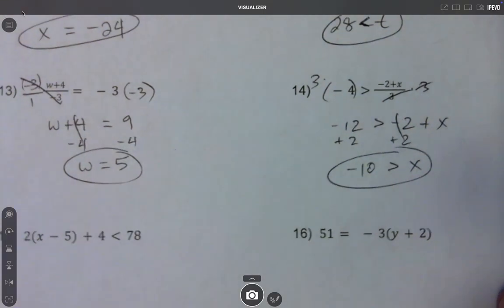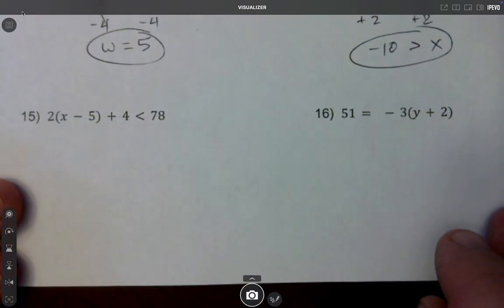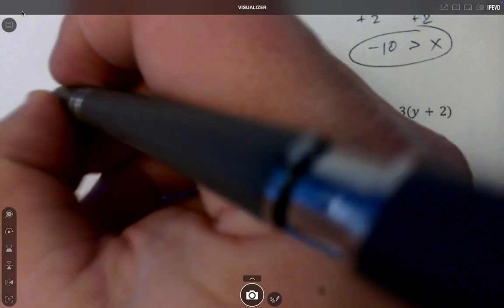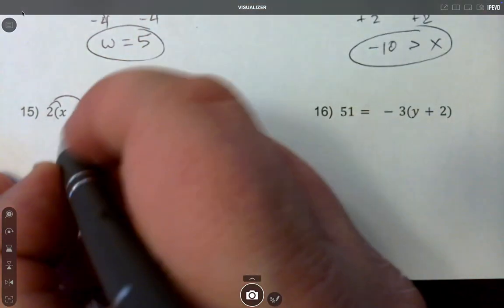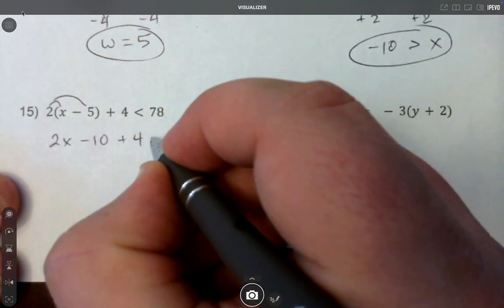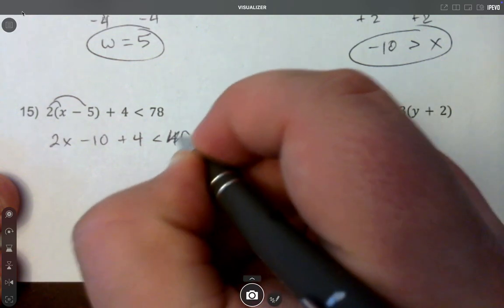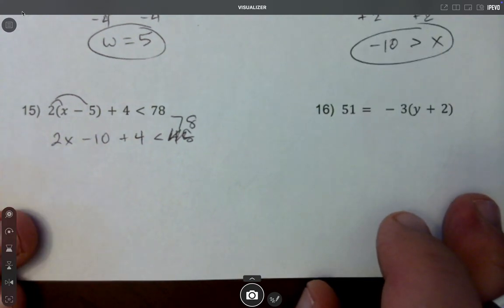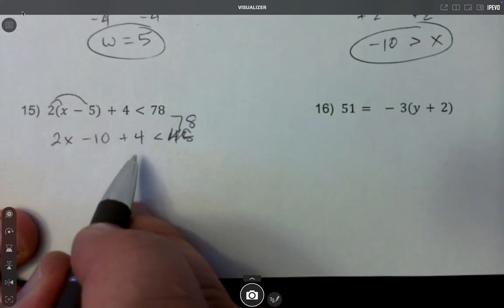Okay, and these go to step 2, where it says if you can distribute, do it. So our first thing we do here, before we do anything else, is distribute the 2. Okay, and we do have some like terms we can combine here.